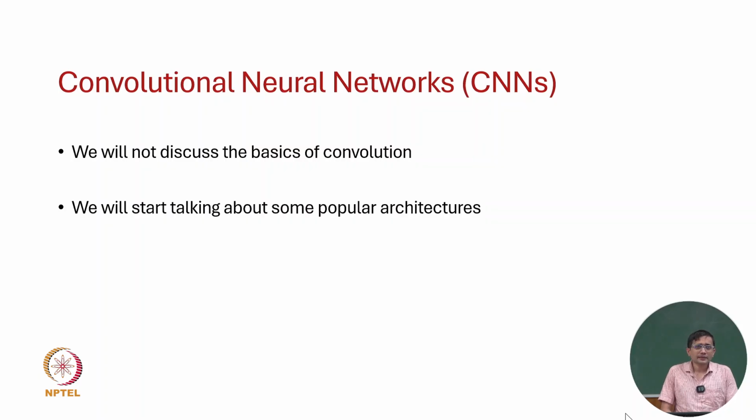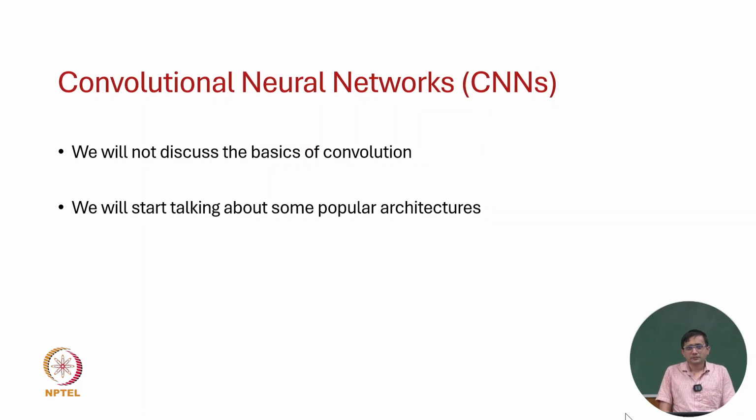We will not discuss the basics of convolution in this course. If you're not familiar with the basics of convolution, I suggest that you refer to one of the textbooks and get the basics from there before starting with the rest of this lecture.